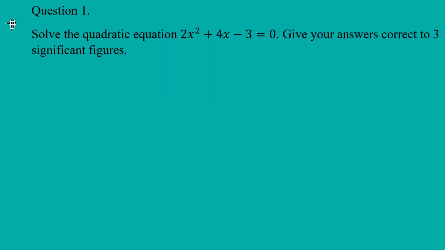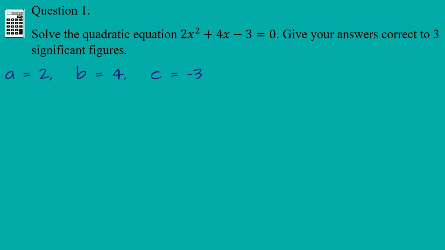Question 1 is a calculator question, and you know to use the quadratic formula because the question hasn't asked you to factorize the equation, and you have been asked to give your answers to 3 significant figures. As the quadratic equation is in the form ax squared plus bx plus c equals 0, you don't need to rearrange it in order to use the quadratic formula. We can see that a equals 2, b equals 4 and c equals minus 3.